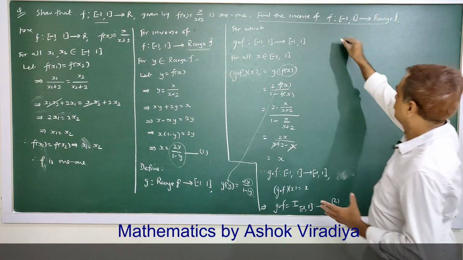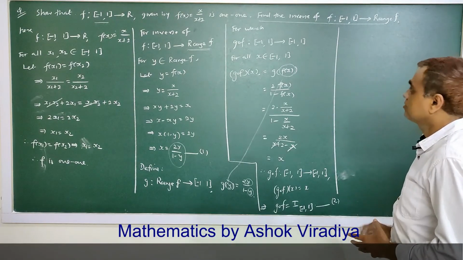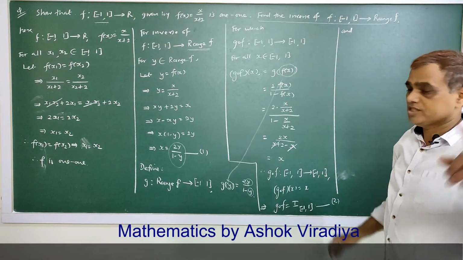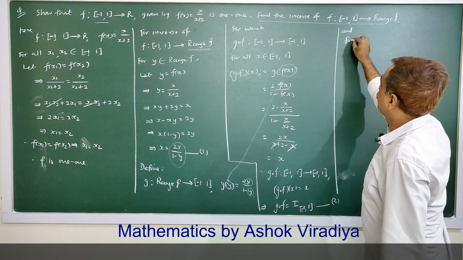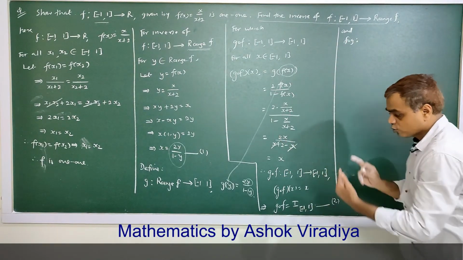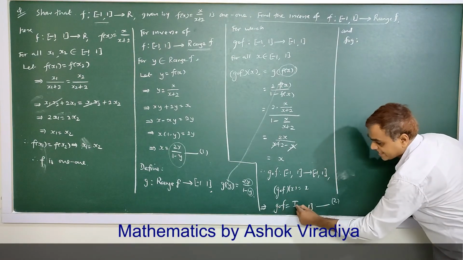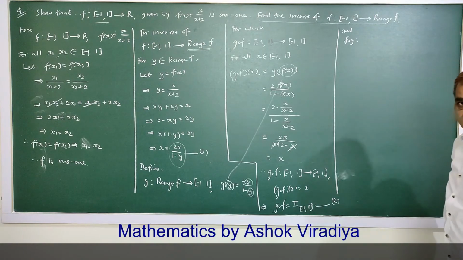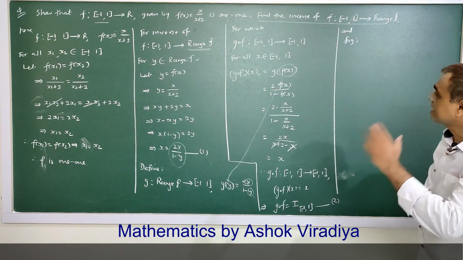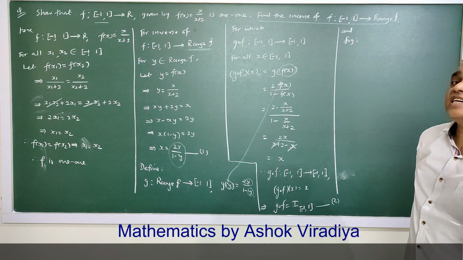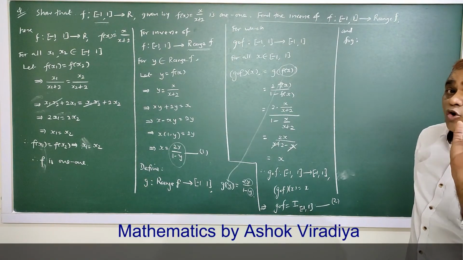Now we find f∘g. This was for g∘f. We have shown that g∘f is the identity function on the domain of f. Now we are going to show that f∘g is the identity function on B, that means the domain of g.